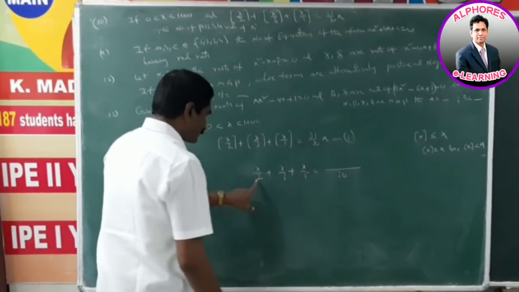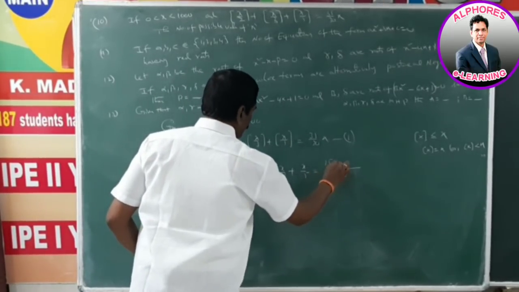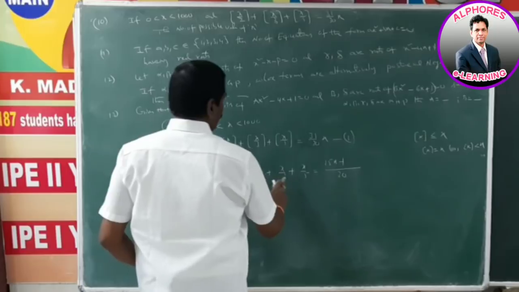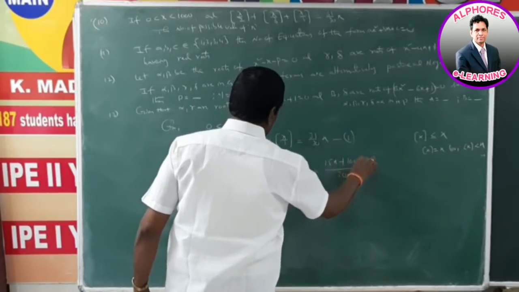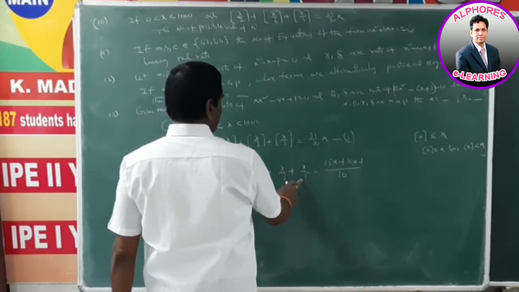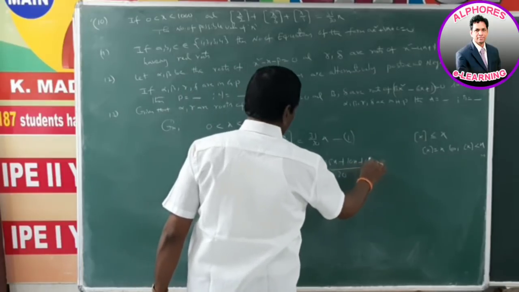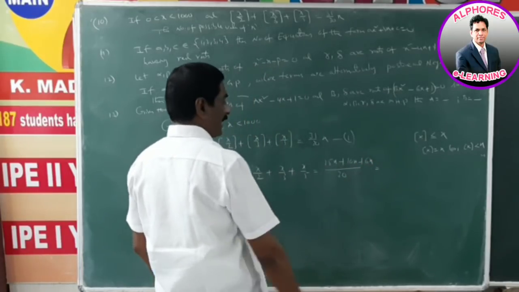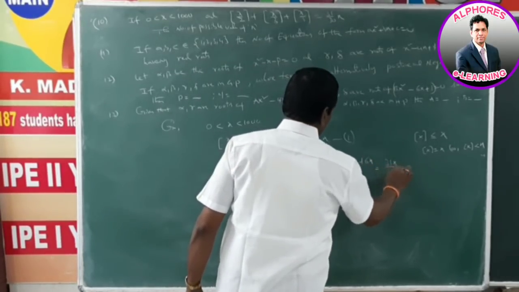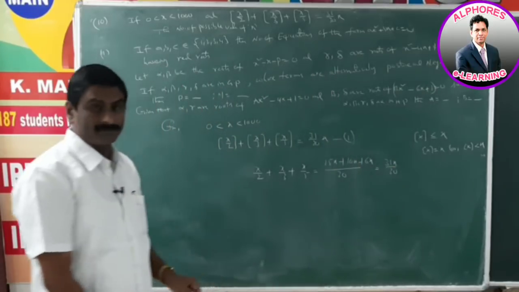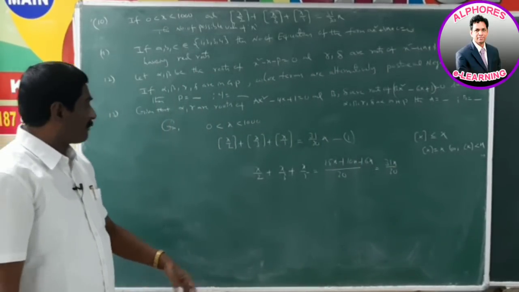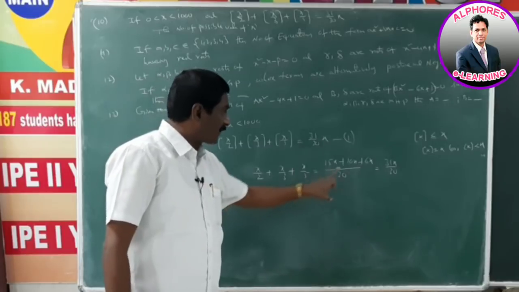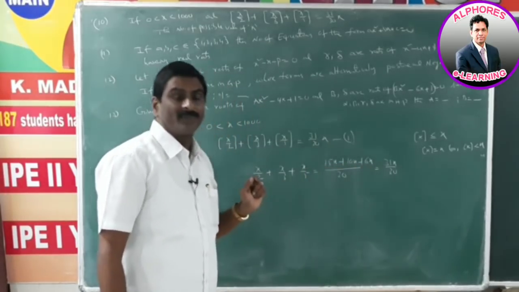That means 15x + 10x + 6x, and finally we get 31x/30. The sum of x/2, x/3, x/5 is equal to 31x/30.